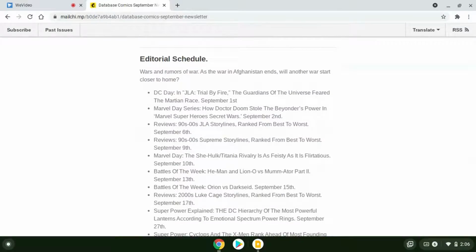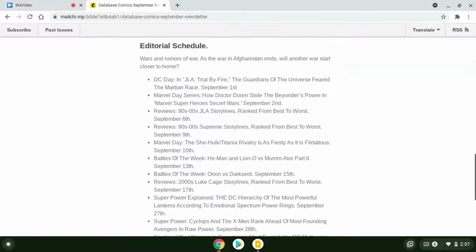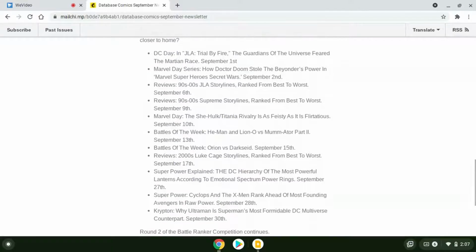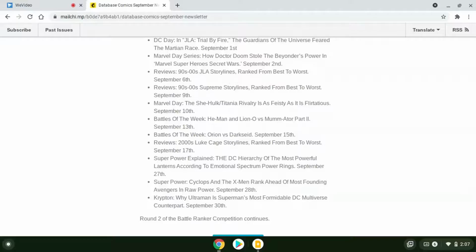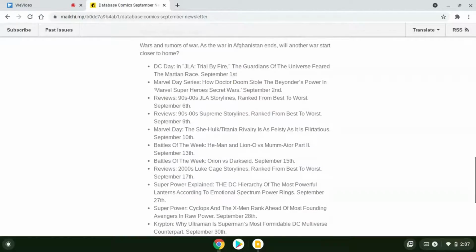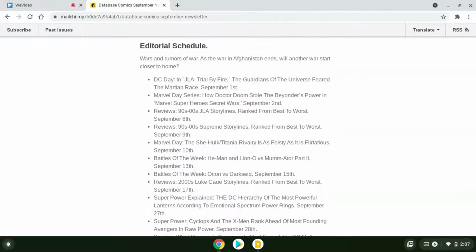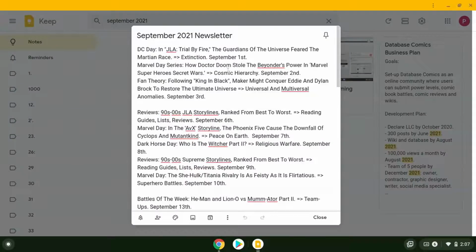So what I showed you was the editorial schedule. The newsletter is actually this content right here. Essentially, I have about 11 posts that I hit on the editorial schedule. I wanted to highlight the most important ones. For some reason, GLA Trial by Fire didn't show on September. Let me check.